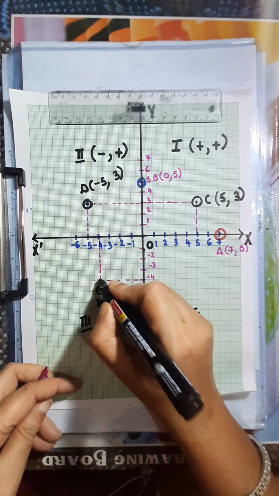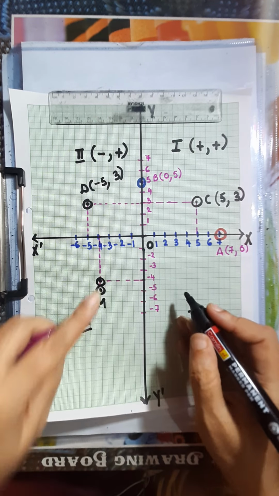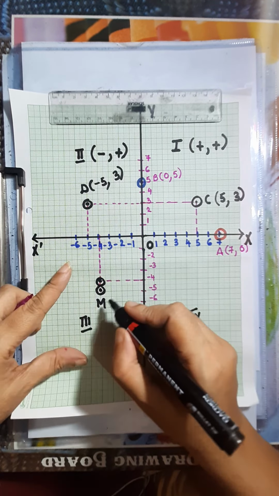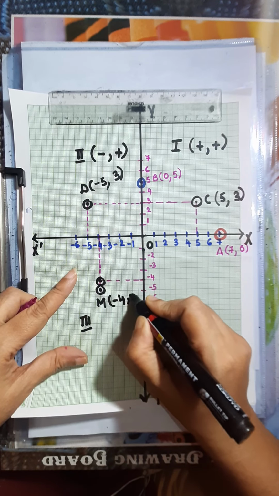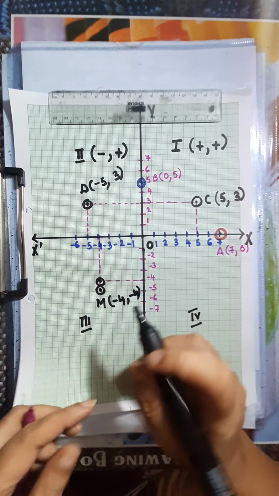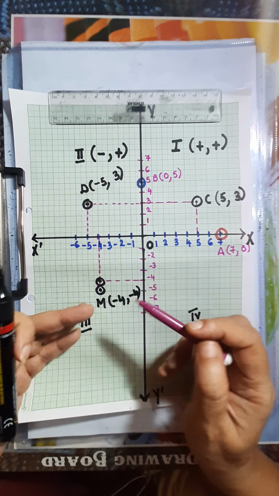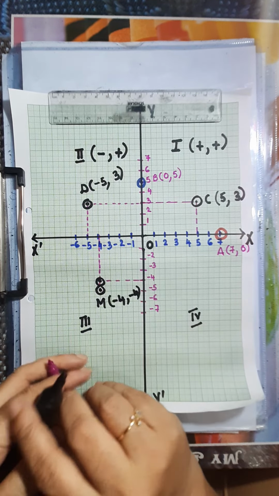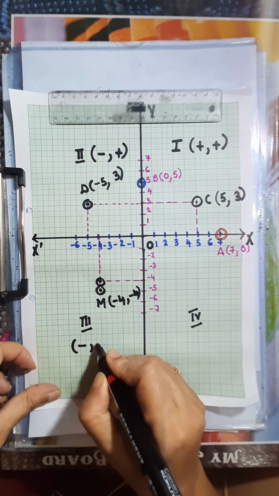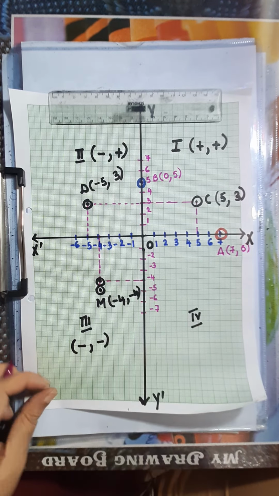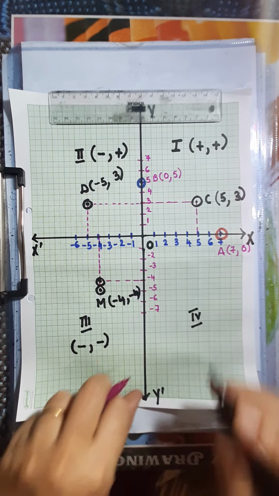So what is my M? First you go to x. X is -4 and my y is also -4. So this is -4 comma -4. In the third quadrant both are negative.